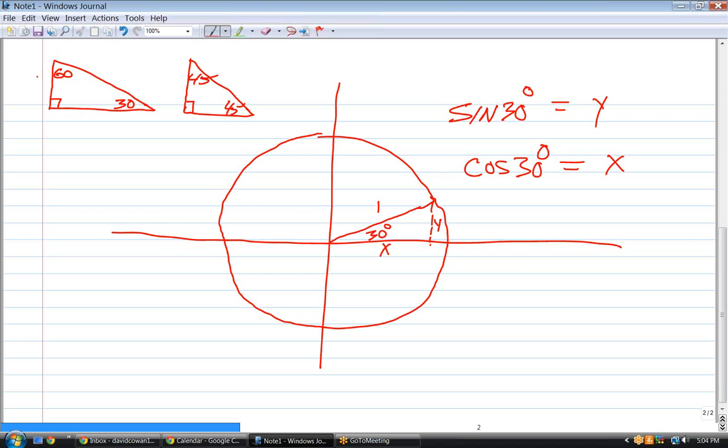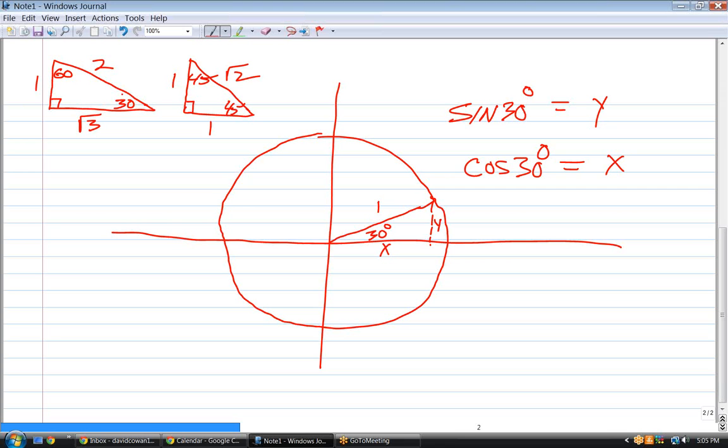That's my name I made up for them, but the reason I did is because opposite the smallest angle is 1, which makes that square root of 3 and that 2. This is 1, 1, square root of 2. So, these are two triangles you want to be able to create from memory. They are going to prove invaluable to you when it goes to memorizing the unit circle.